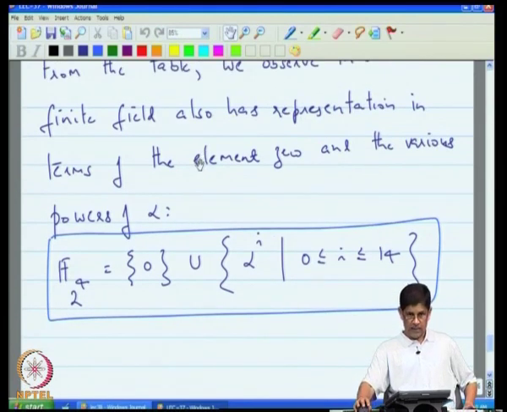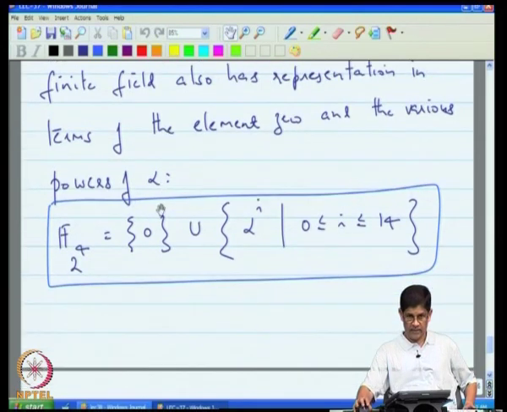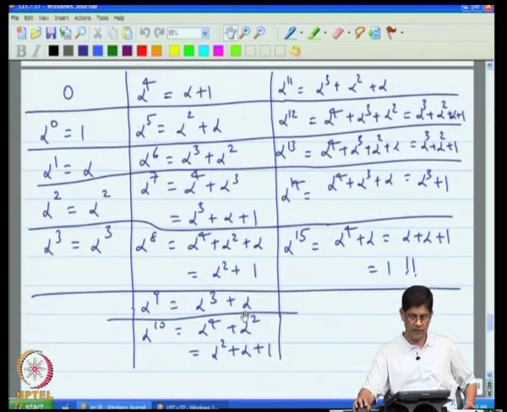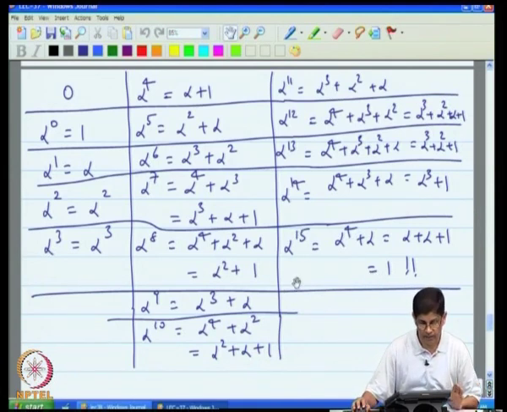What the lemma says is that in a finite field of 16 elements, the maximal possible order that any element can have is 15. And this table is saying that alpha here has order 15, so it has maximal possible order. So, we have identified an element of maximal possible order.